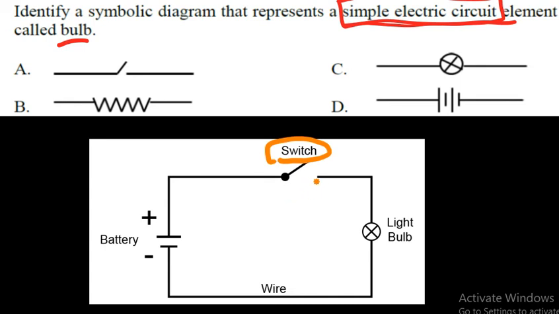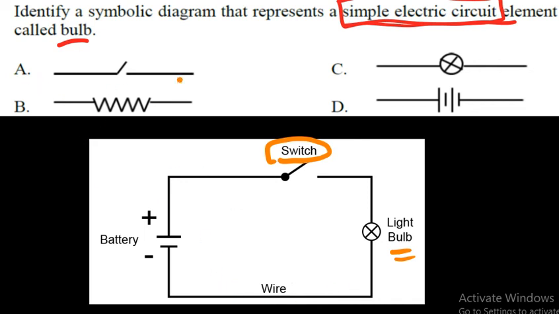This is open, that means it's off, and there will be a battery. The symbol for the battery will be as you see here, and there will be wire, and at the same time a bulb. The resistor is not shown here. When the resistor is shown, it might be plotted at some point.